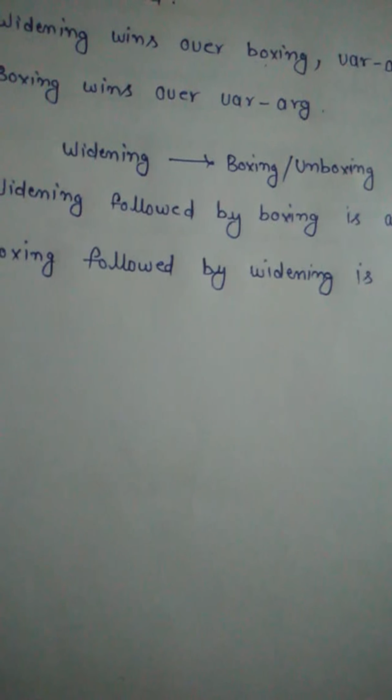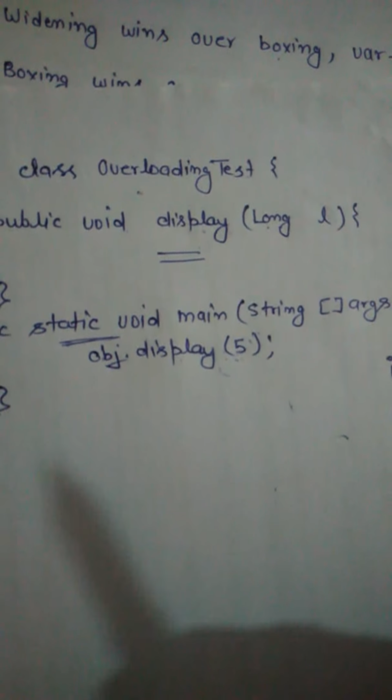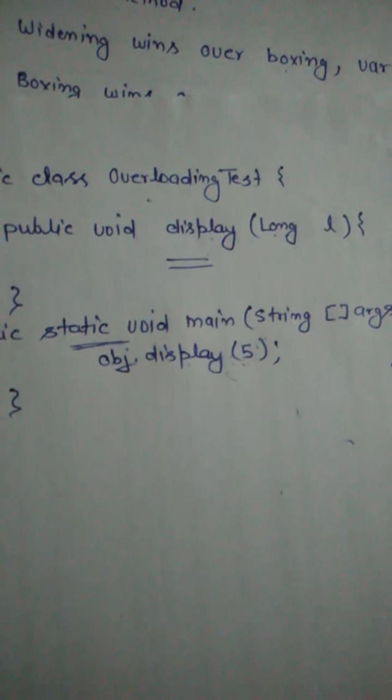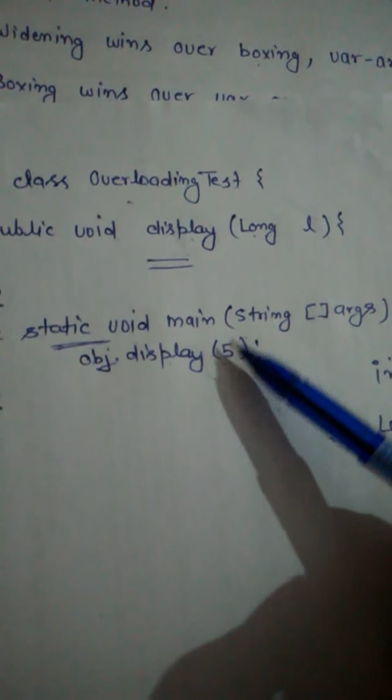In our class there is no method which accepts the primitive type of long, float, or double. So there is no widening; widening has failed because we don't have any method accepting the widened type of its parameter. Now it will look for boxing.